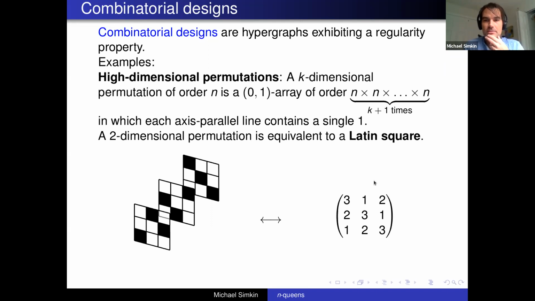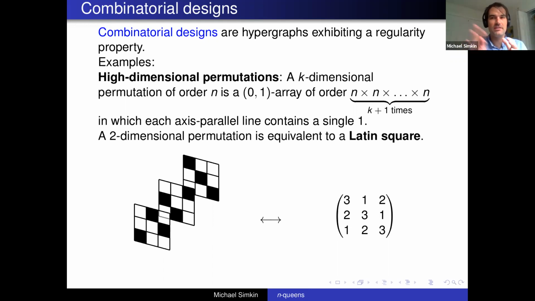It's usually defined this way on this matrix on the bottom right, but one equivalent way of thinking of it is as, in this case, a 3 by 3 by 3 matrix, more generally n by n by n. And if you look at this matrix, you'll see that in every line, whether it's a row or a column or a shaft, and in any layer, there's exactly one black space and all the rest of the places are white. So this is a higher dimensional version of a regular graph.